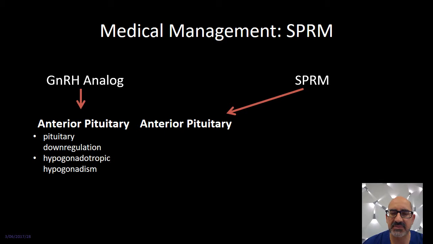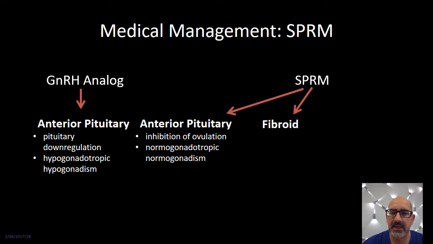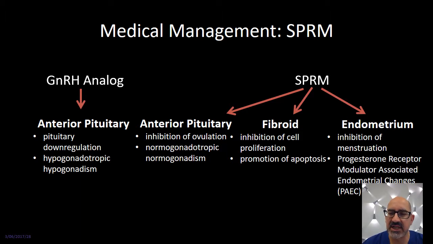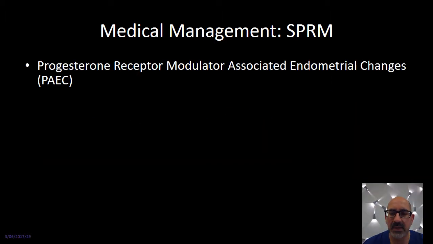Selective progesterone receptor modulators also act on the anterior pituitary to inhibit ovulation, however they cause a normogonadotrophic normogonadism. They also act directly on the fibroid by inhibition of cell proliferation and promotion of apoptosis, and that's quite an important effect because it causes long-term effects. On the endometrium, there's inhibition of menstruation, and there are progesterone receptor modulator associated endometrial changes, or PAEC.